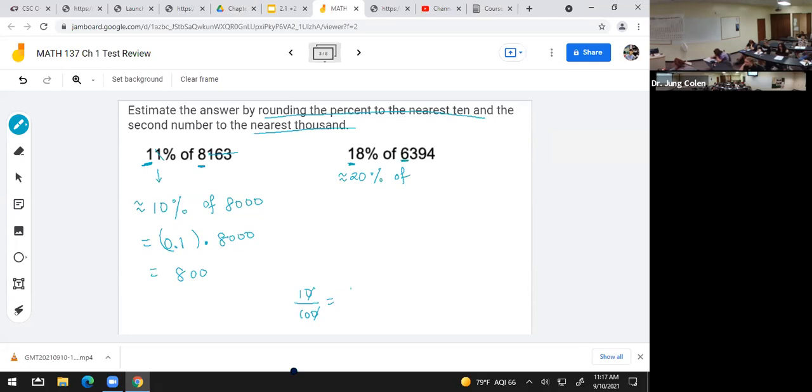It's smaller than 5, so drop it: 6,000. What is 20% as a number? 0.2. 0.2 multiplied by 6,000. 2 times 6,000 is 12,000. So you have 0.2, so it's going to be 1,200, right? 1,200. Are we good?